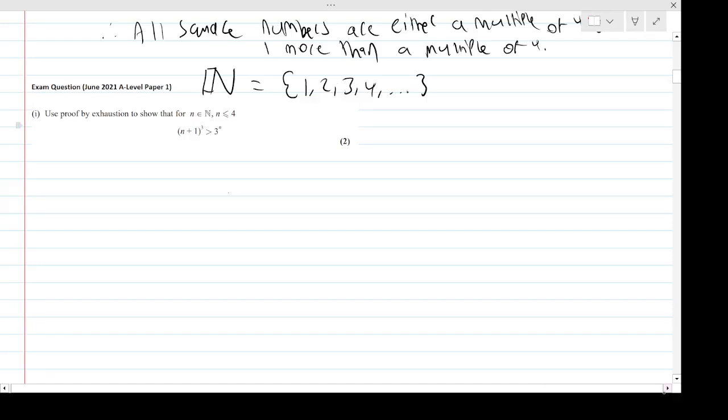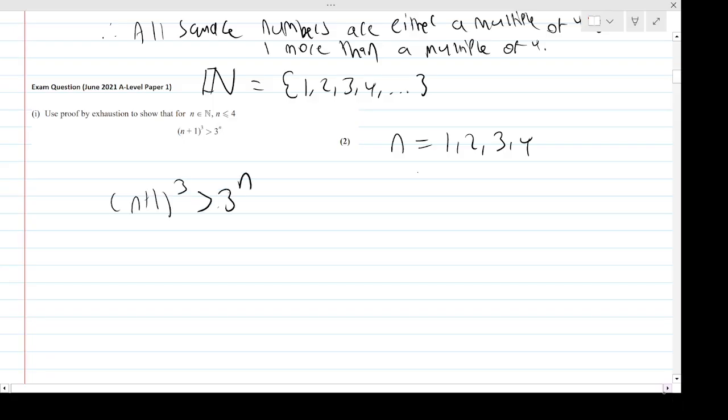And also, n has to be less than or equal to 4. Well, actually, that tells us quite a lot. If n has to be a positive integer, and it has to be less than or equal to 4, that means n can only be 1, 2, 3, and 4. From this list, between 1 and 4, those are the only values of n we can get. So then it wants to prove that (n plus 1) cubed is greater than 3 to the n.